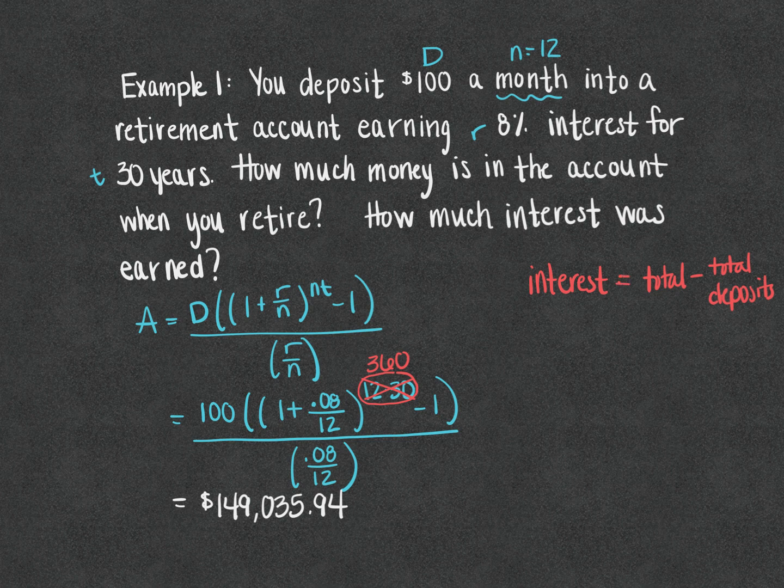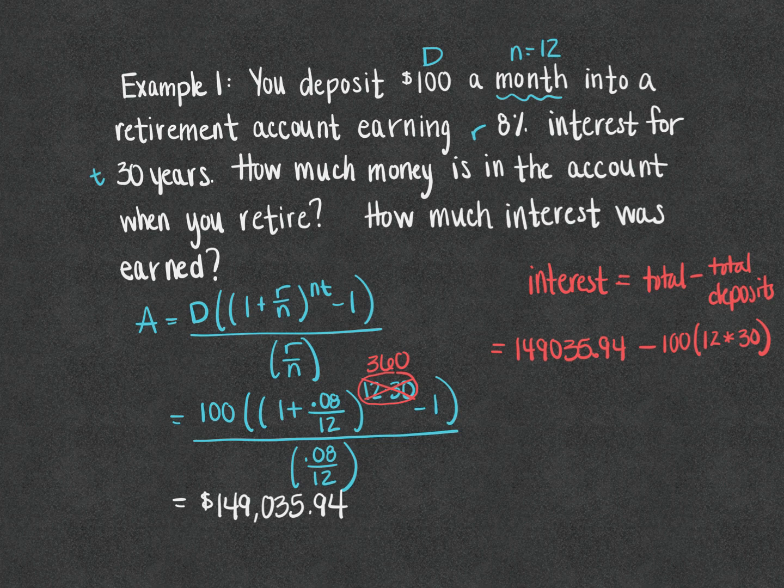So the total amount of money in the account is $149,035.94, and the total that you deposited was $100 every single month for 30 years. Or if you want to multiply by 360, because that's the number of payments, that would be absolutely fine too.